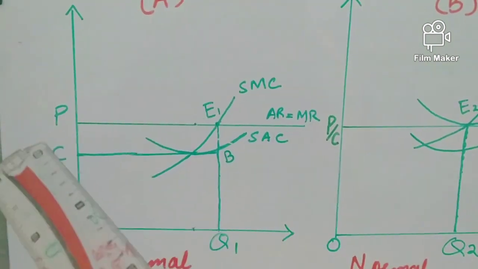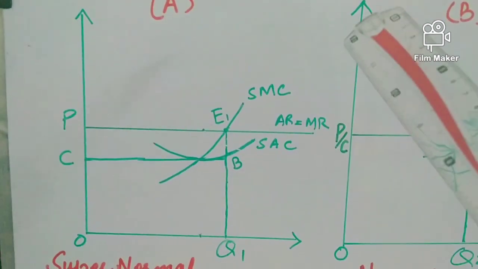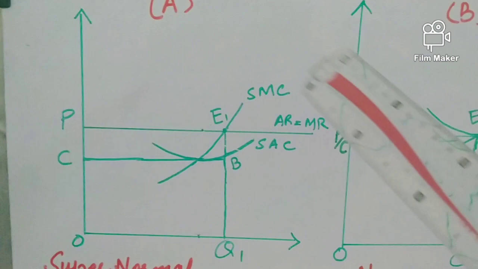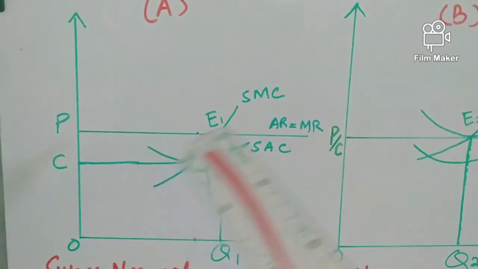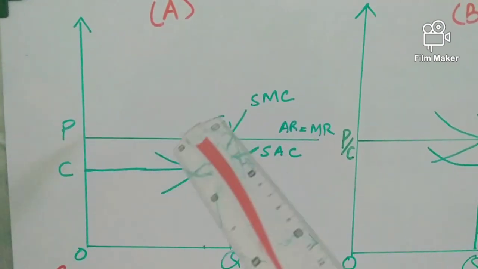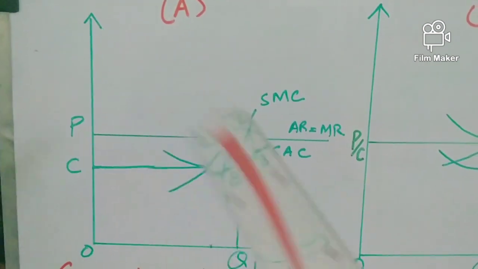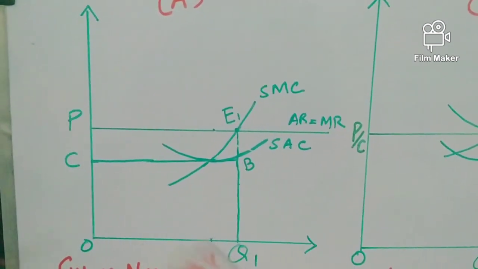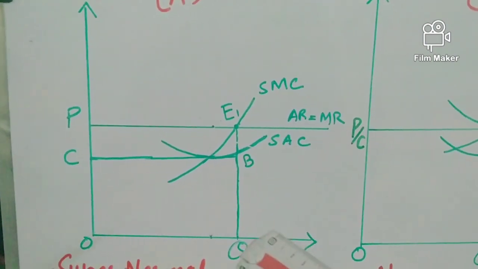You know that under perfect competition, equilibrium takes place at the point where the short-run marginal cost curve cuts the marginal revenue curve. So equilibrium is at point E1 where the equilibrium condition is satisfied. OP is the price determined and OQ1 is the equilibrium quantity determined.